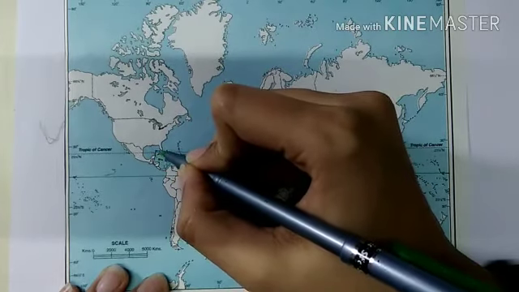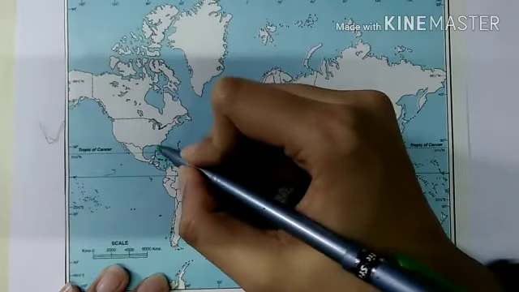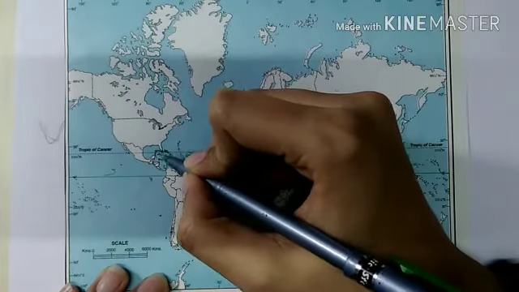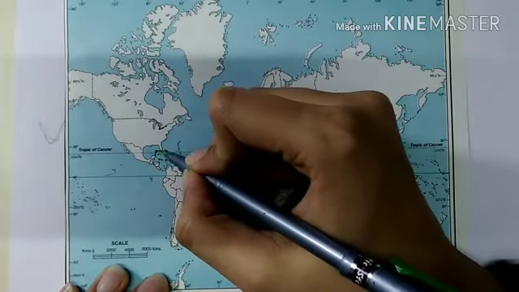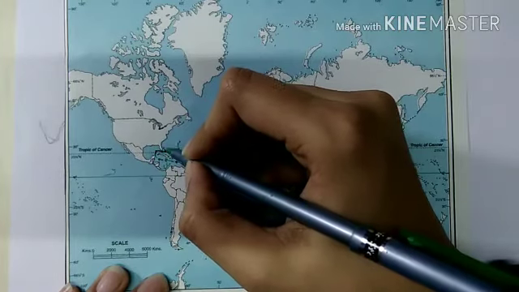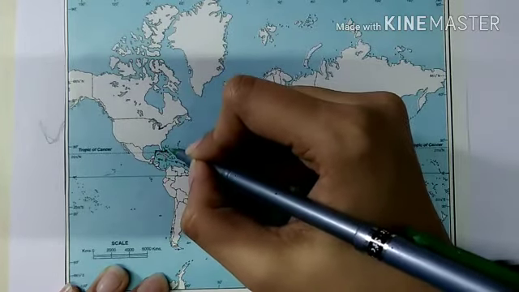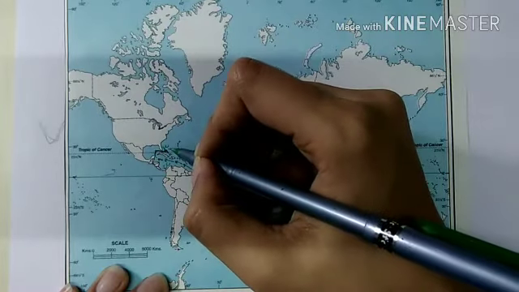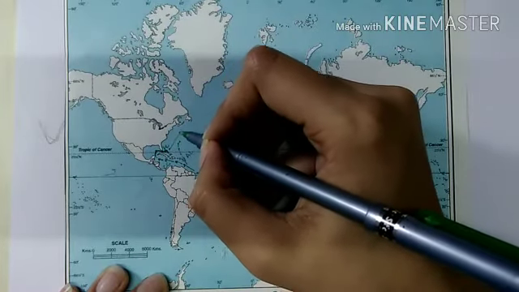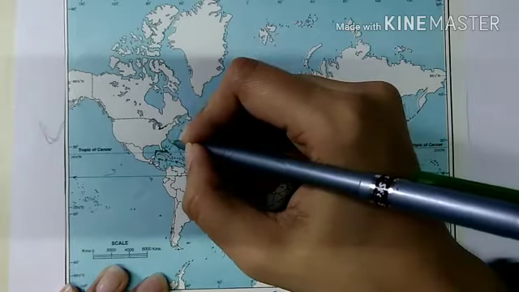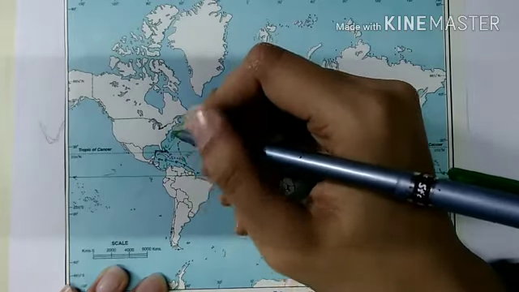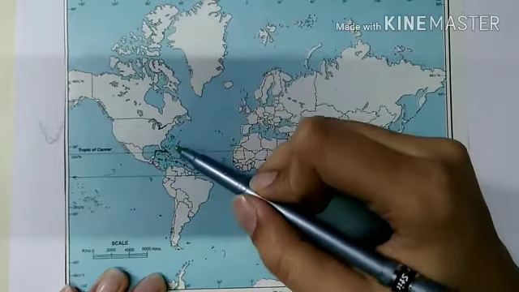Firstly it will move out, and the one which is moving out is known as the Florida current, and this Florida current is then changed into the massive stream known as the Gulf Stream. Okay, so here we have the Gulf Stream.